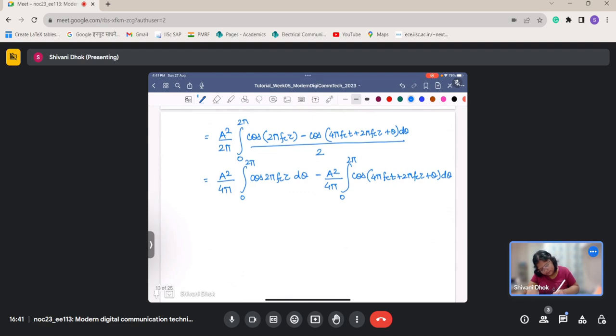Now this thing is independent of theta, so this can come out.